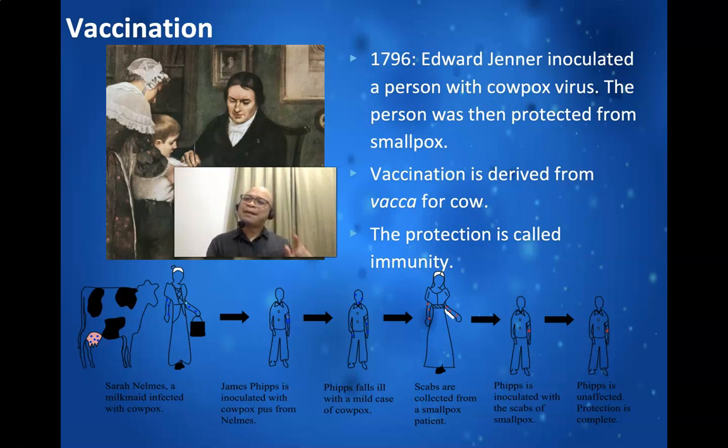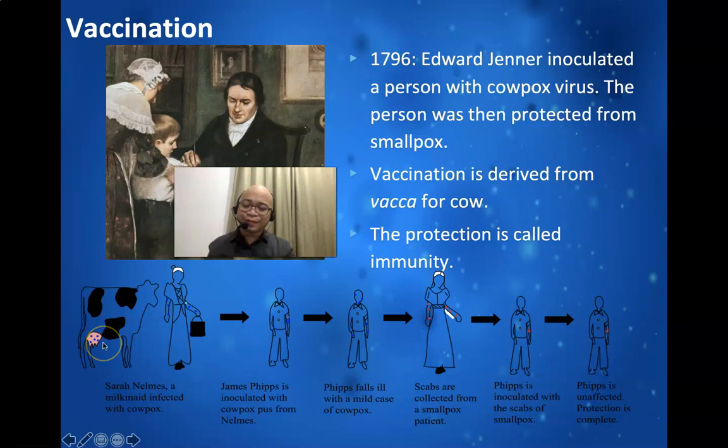So Edward Jenner, not Louis Pasteur, actually observed one of the milkmaids named Sarah Nelmes. Sarah Nelmes was a milkmaid, and she was infected with cowpox. And Jenner observed that milkmaids with cowpox never get smallpox. So, why?